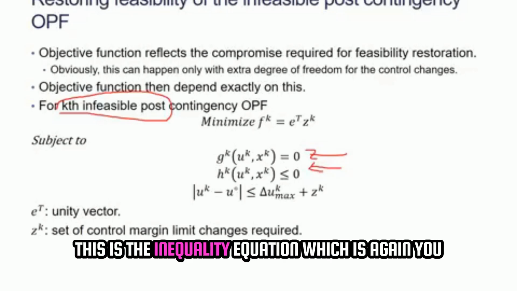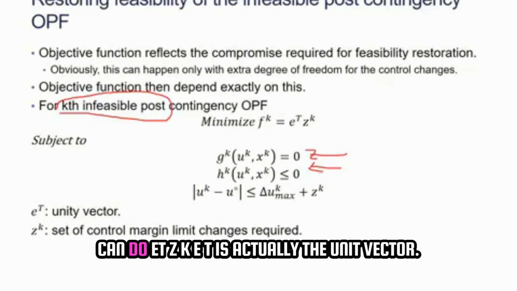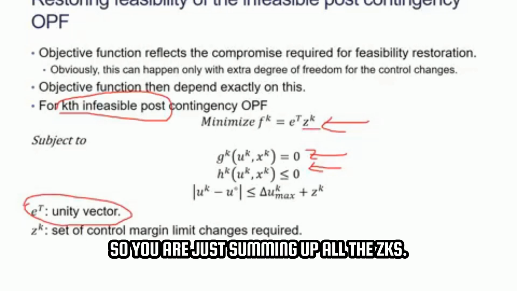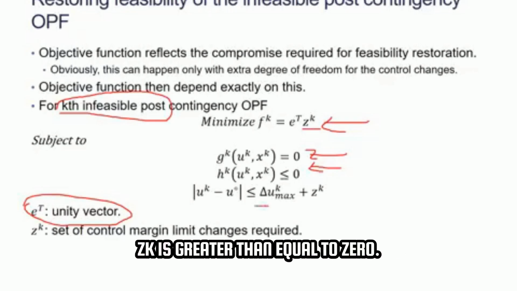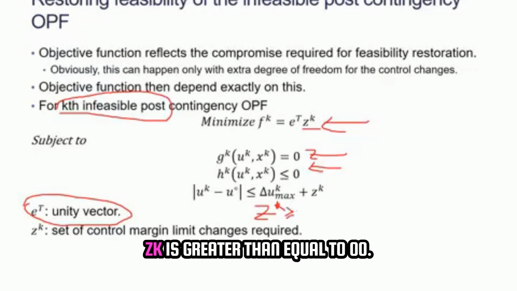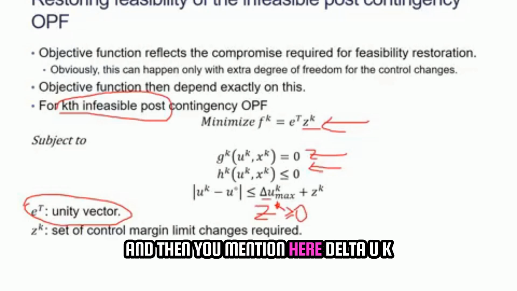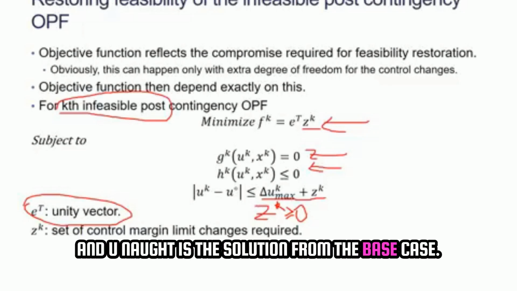Hk is the inequality equation, which again you can do. e transpose is the unit vector, so you are just summing up all the zk, and zk is a continuous variable where zk is greater than or equal to 0. I forgot to mention that. Then you mention here delta uk max plus zk and uk minus u naught, and u naught is the solution from the base case.